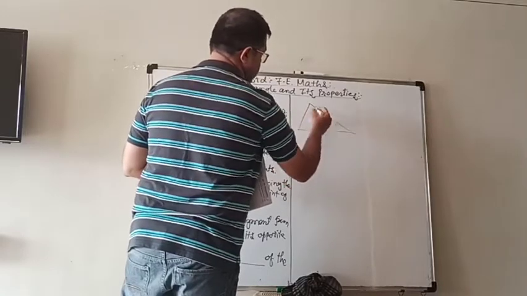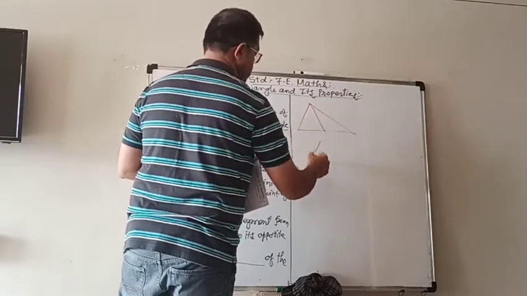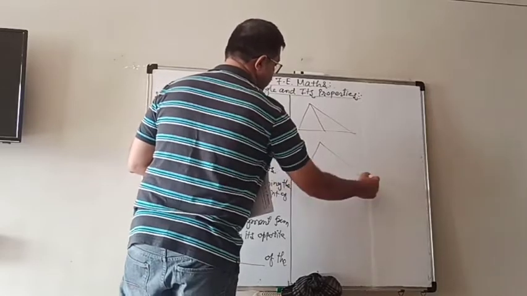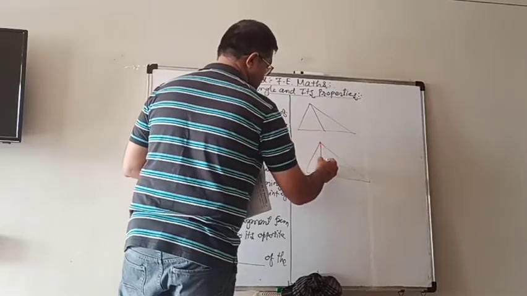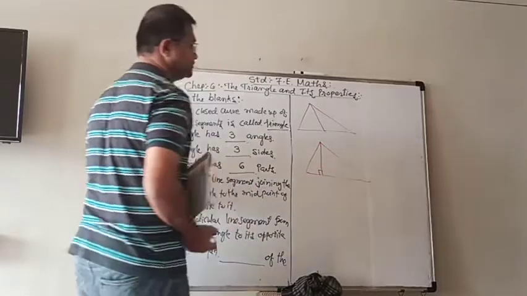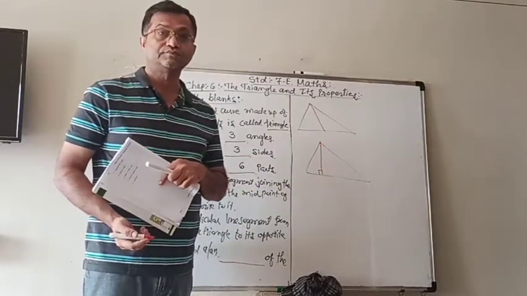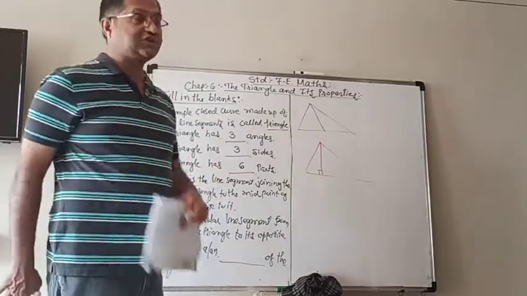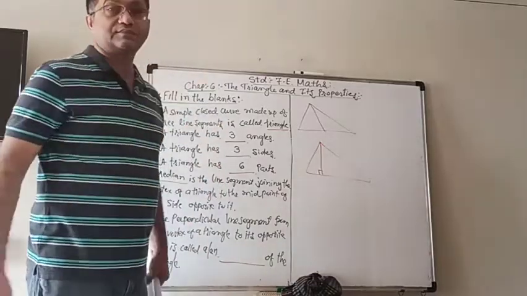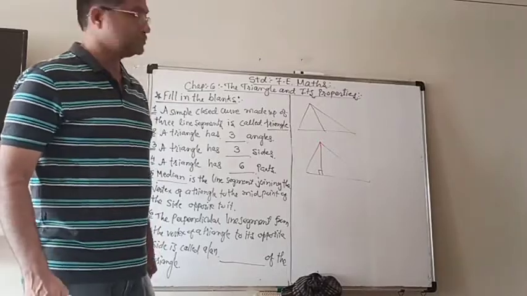Here I showed you that was the median. But in the same triangle, if you draw exactly 90 degrees, then it is the altitude. So there is a difference between altitude and median.